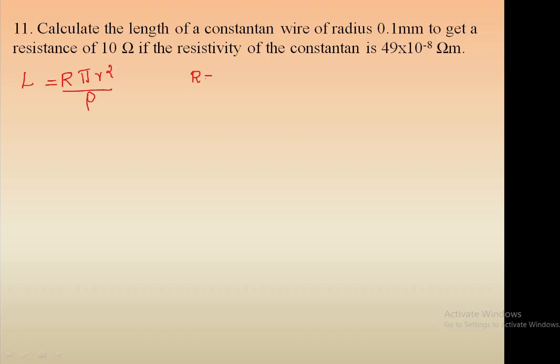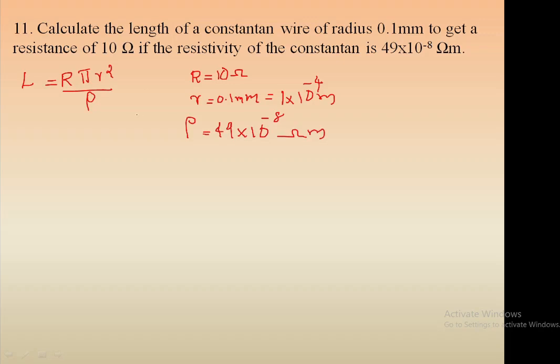Now what are the values given? We are given capital R is equal to 10 ohm, and the radius of the constantan wire is equal to 0.1 mm, that is equal to 1 × 10^-4 meter, and the resistivity of the constantan wire is equal to 49 × 10^-8 ohm meter.